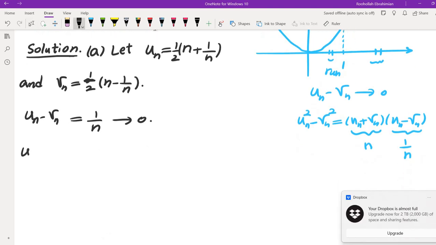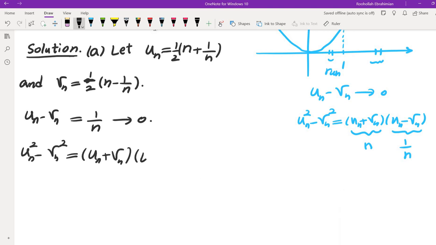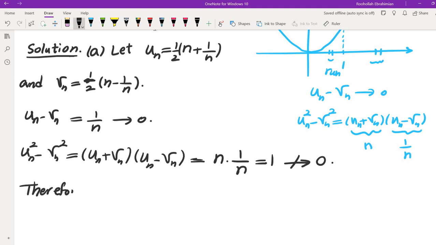If we look at un squared minus vn squared, that is un plus vn times un minus vn. un plus vn is going to be n, and un minus vn is going to be 1 over n. And that clearly does not approach 0. And therefore, f is not uniformly continuous.